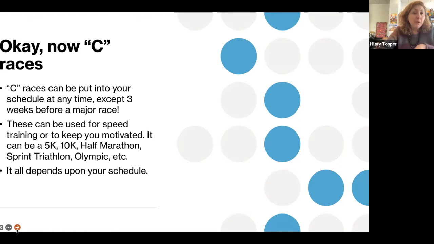If you're training, say, for an Ironman and you want to put some speed in there, you do a sprint triathlon, that'll help you. Same thing with a marathon. Do a couple of 5Ks to build up your speed. And it all depends on your schedule.